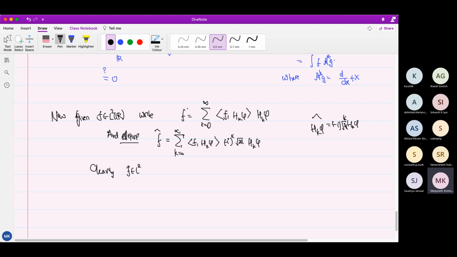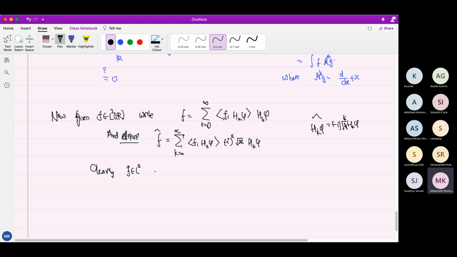Because what is the L2 norm squared? It is the sum of squares of coefficients. This is using the orthogonality. You have to be careful about the norms of these. It will be sums of squares of the coefficients, taking into account the norms, if these are not normalized. For f hat squared, it will be the same sum of squares of coefficients with the corresponding norm squares.